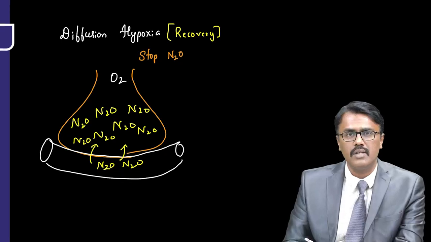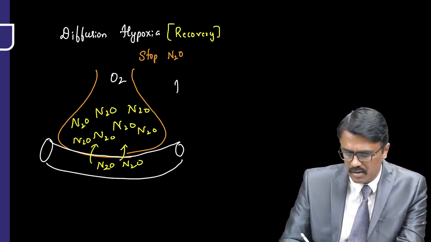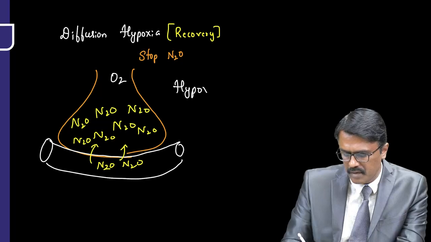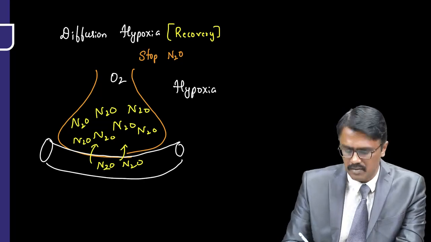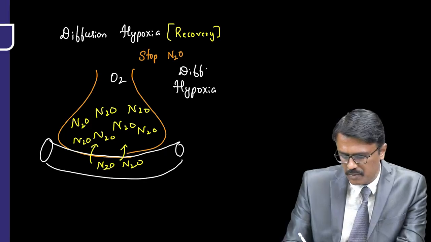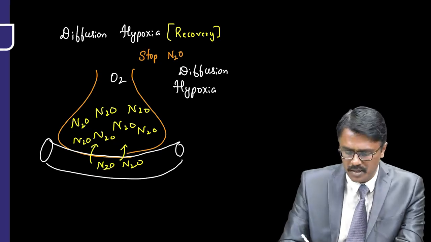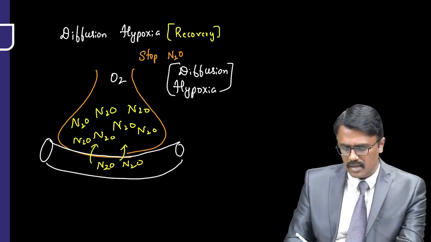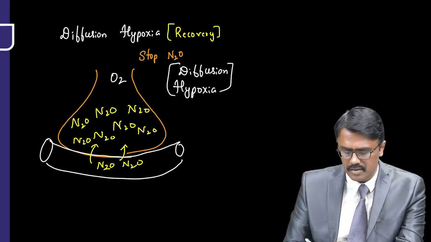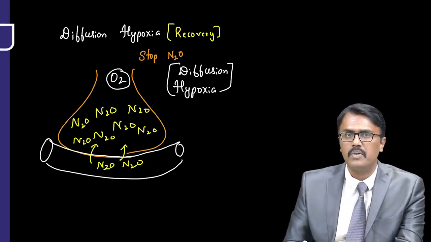Oxygen cannot enter. So the patient will suffer with hypoxia, and when it is seen during diffusion of nitrous oxide back to the alveoli, that is called diffusion hypoxia. So suddenly the nitrous oxide comes back to the alveoli, there is no space for oxygen, and the patient will have hypoxia.